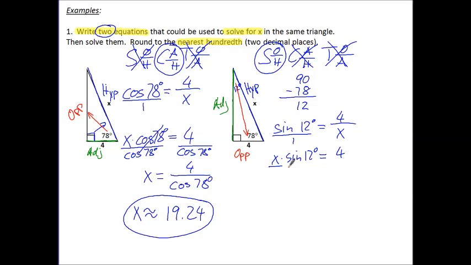And now divide both sides by the sine of 12 degrees, and it cancels out on the left. x is equal to 4 over the sine of 12 degrees.